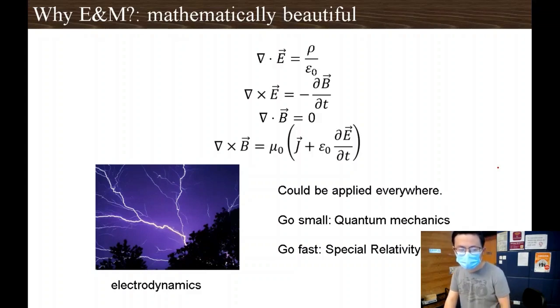But EM is actually still correct at the quantum mechanics level. And if you go fast, classical mechanics again breaks down, and you have to use relativity. And here, special relativity also accommodates EM very elegantly. So this is the first aspect of why you need to learn EM.